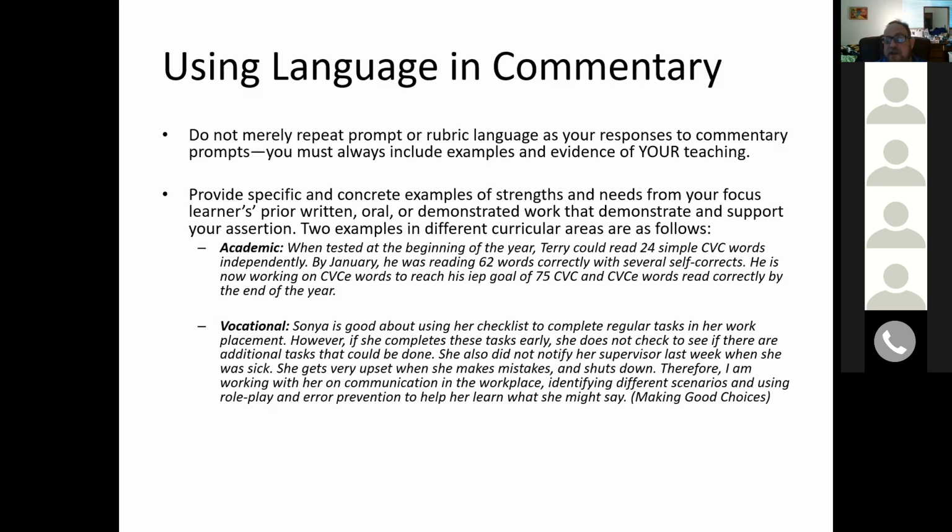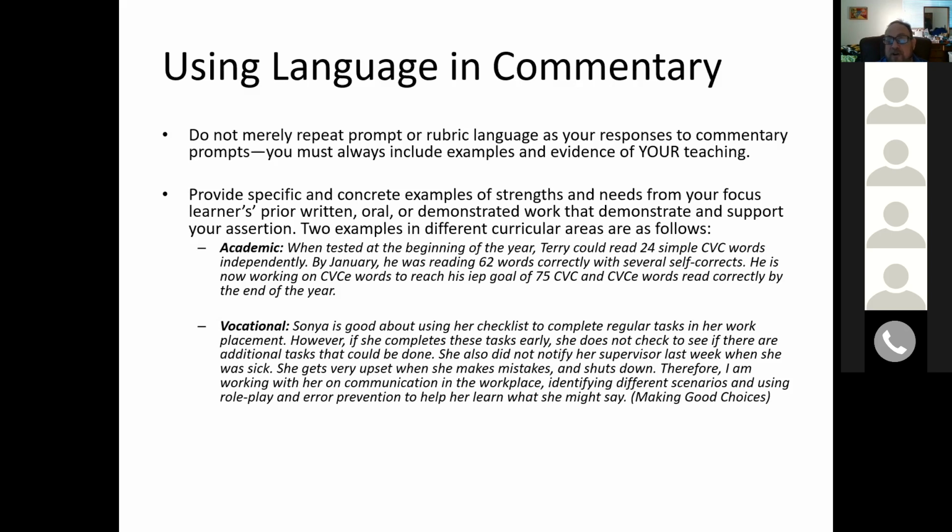When tested at the beginning of the year, Terry could read 24 simple CVC words independently. By January, he was reading 62 words correctly with several self-corrects. He is now working on CVCE words to reach his IEP goal of 75 CVC and CVCE words read correctly by the end of the year.